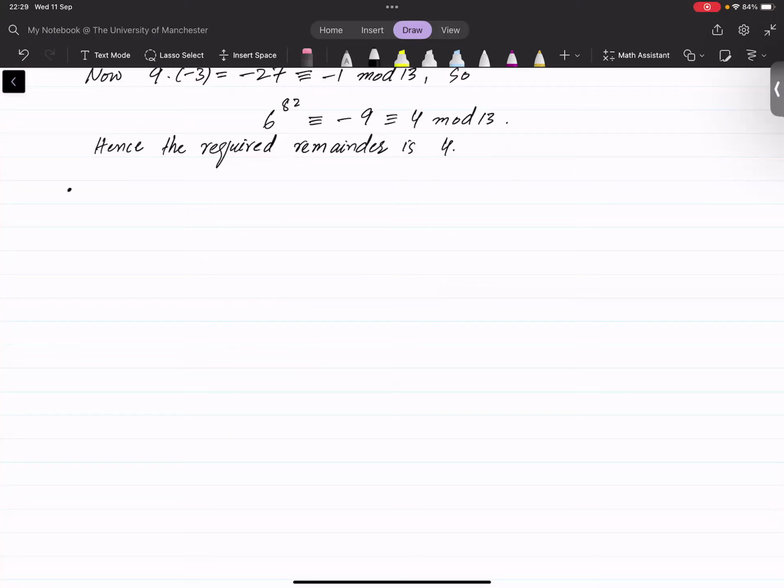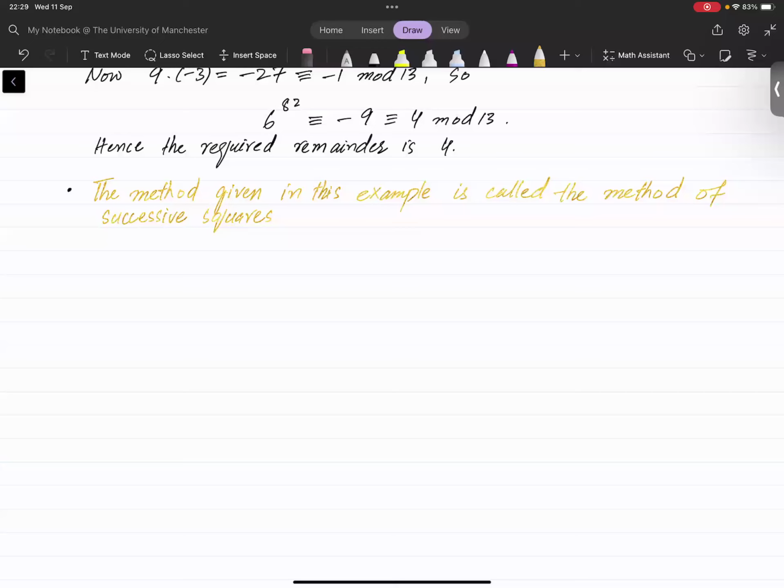So you can write it, the golden one: the method given in this example is called the method of successive squares, and it always works to yield the congruence of a larger power given some effort.